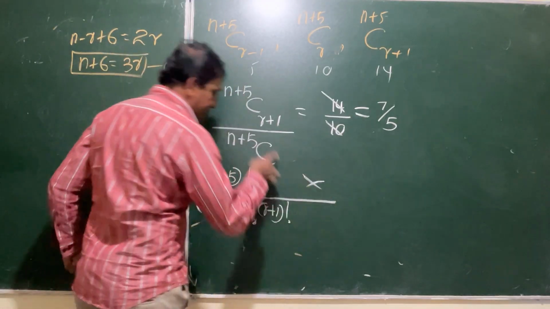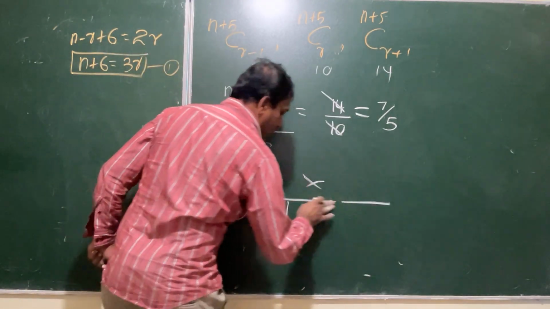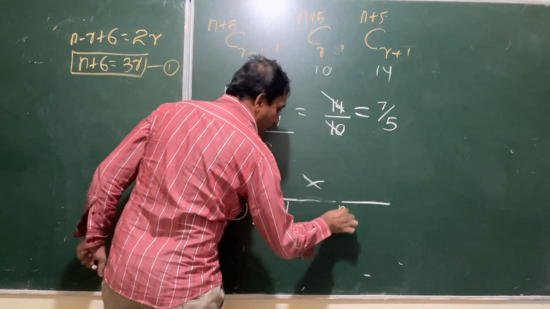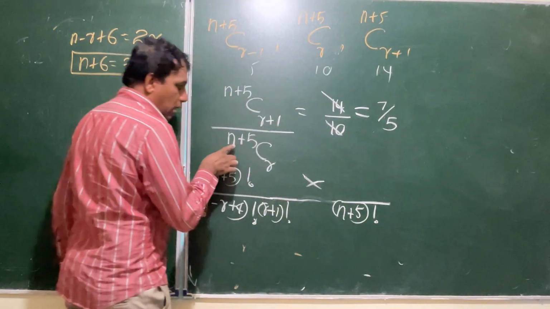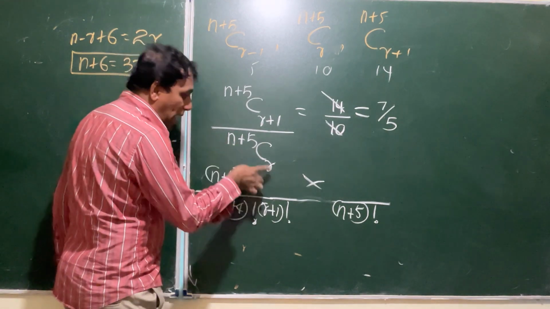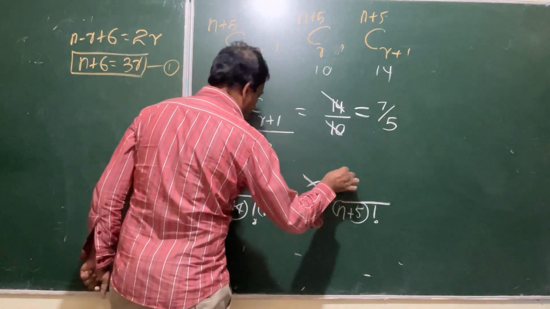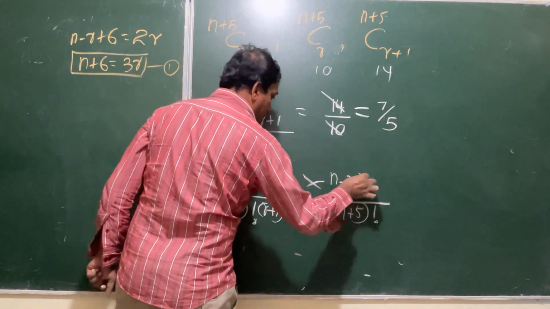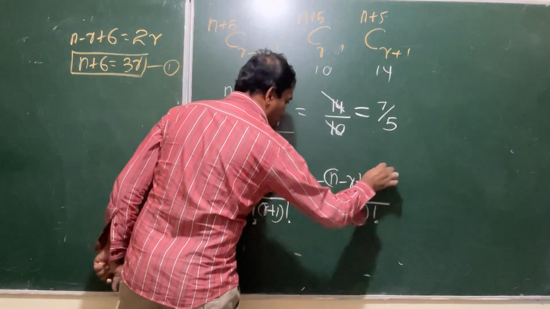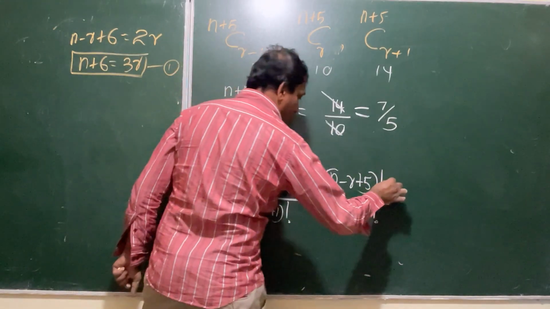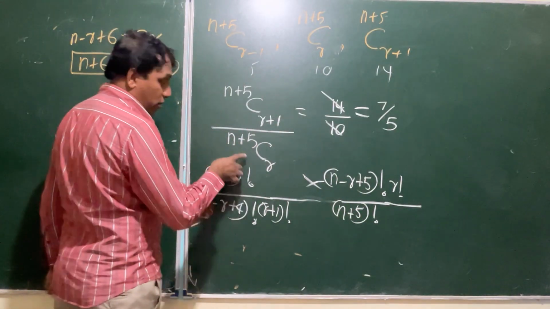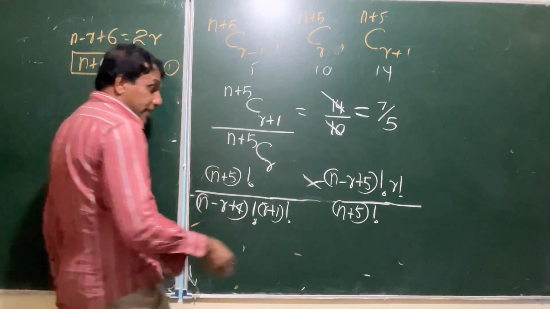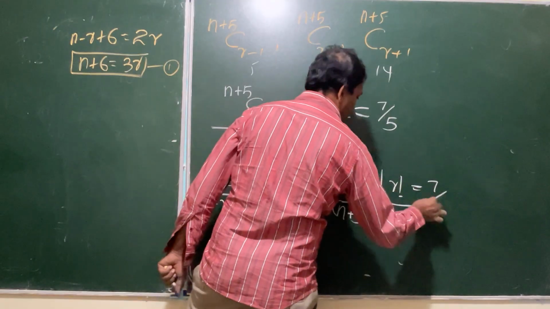Come back. I should multiply this one, so I complete the below part. This is (n plus 5) factorial. Next, this minus that, that is (n minus r plus 5) factorial and r factorial. Okay, n plus 5, we already showed this pattern. The other side is 7 over 5.